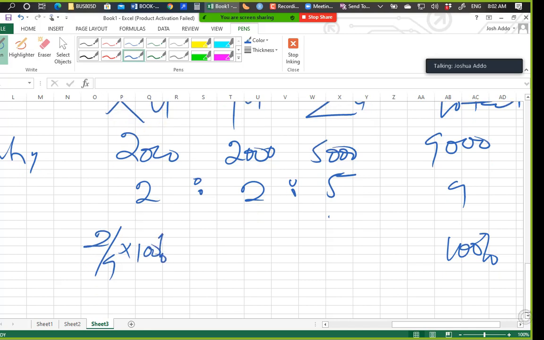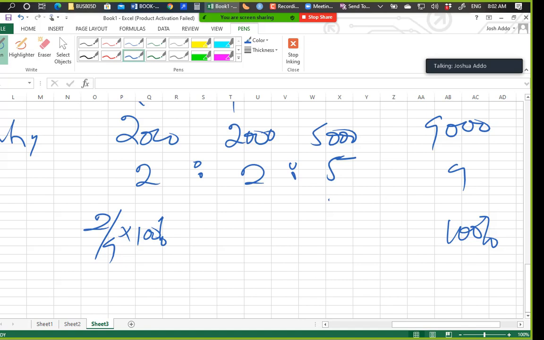If you use the total figures, 2,000 and 9,000, you get the same thing. 2 over 9 times 100% will give us approximately 22%, right? Yes, sir, 22.22. So let's round it down, 22%. This will also be the same as 22% because the same figures. And this will be 5 over 9 times 100%. That will give us about 55.5. So we are rounding up to 56%.